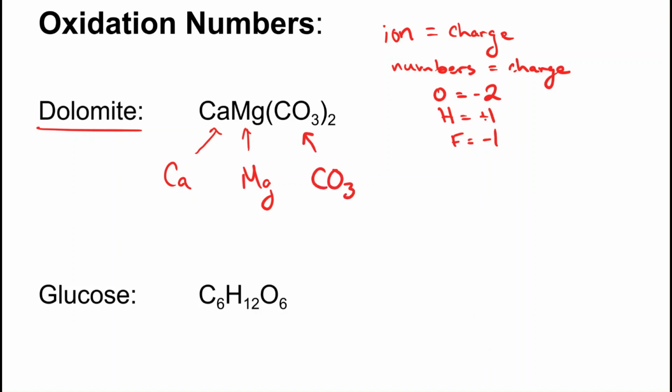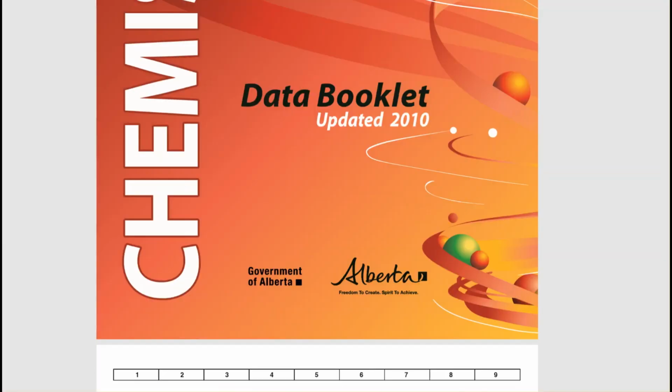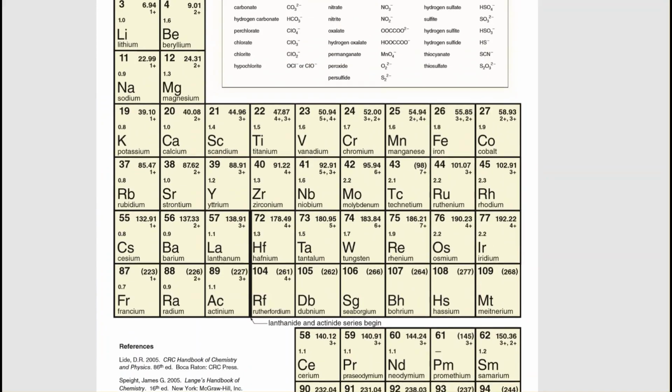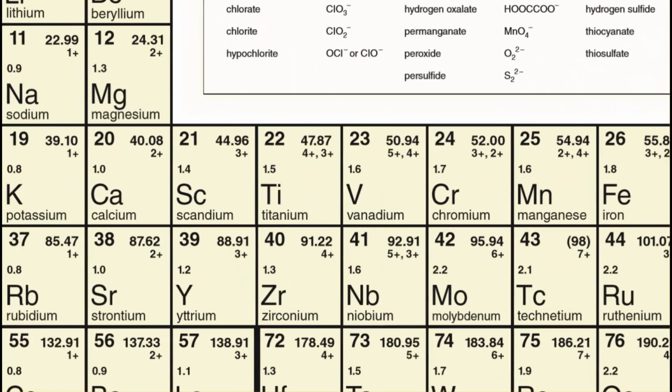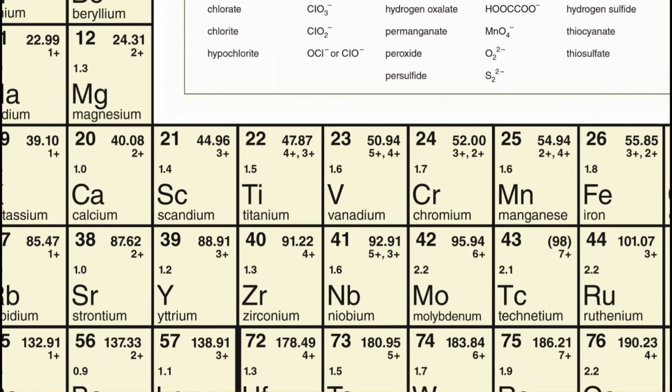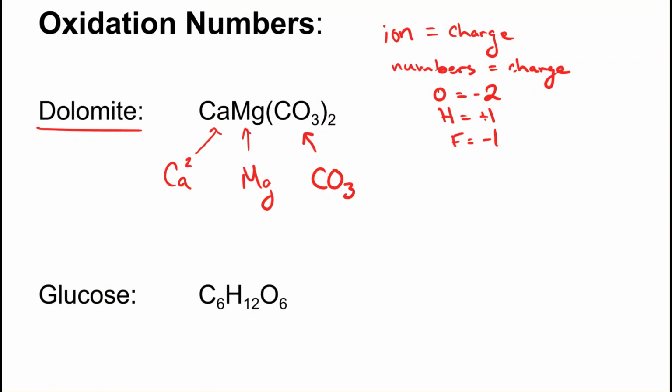So let's look up the charges of all of these things. When I look at my data booklet, calcium is 2+. Magnesium as an ion is 2+. Perfect. So that means this is +2 and this is +2 as well.